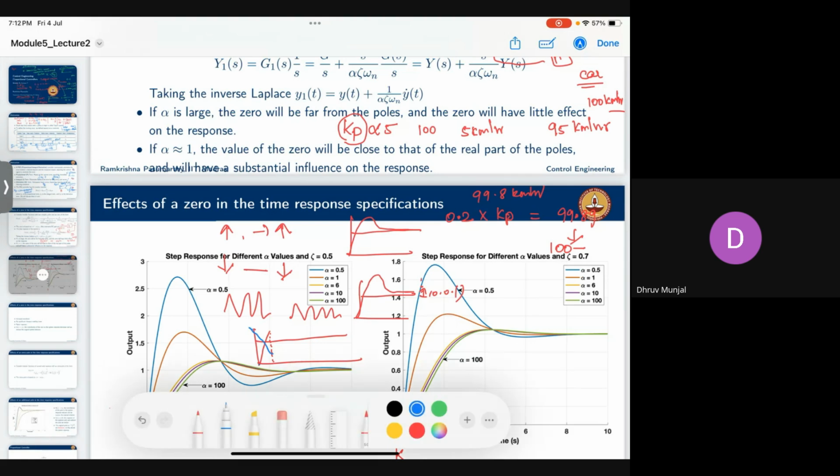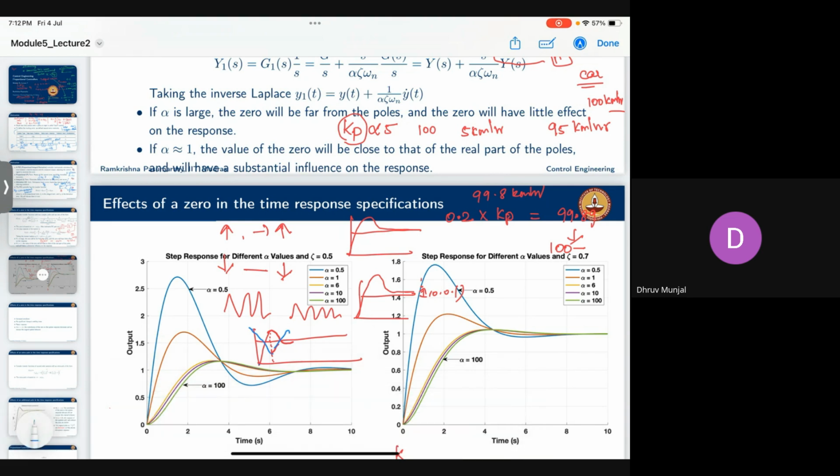If the output response comes down, the control action will go up. This is a proportional controller, which generates control action proportional to the error. So whenever the error changes, the gain is going to change. It won't come to a stable region, so that the error will also be stable. That's what I'm trying to convey.